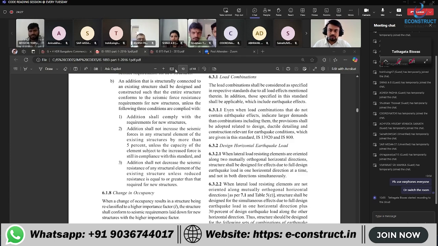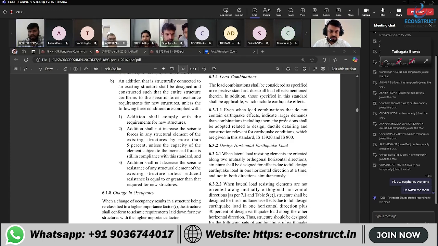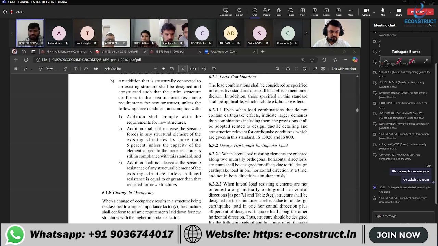Even when load combinations that do not contain earthquake effects indicate larger demands than combinations including them, the provisions shall be adopted related to design, ductile detailing and construction relevant for earthquake conditions, which are given in the standards IS 13920 and IS 800.